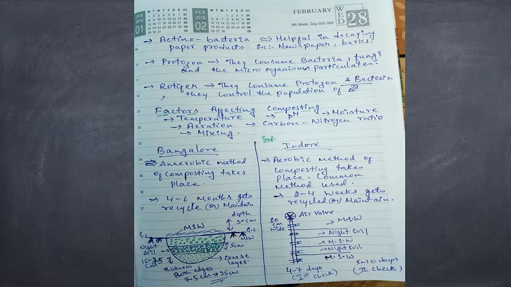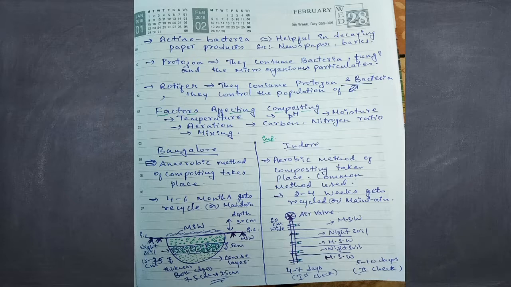In the Indore method, they recycle it in only 2 to 4 weeks. They work batch wise, checking in the first week and the second week whether the materials are decomposing well or not.